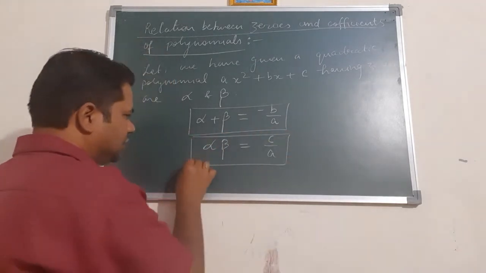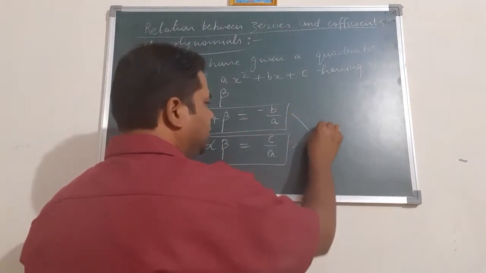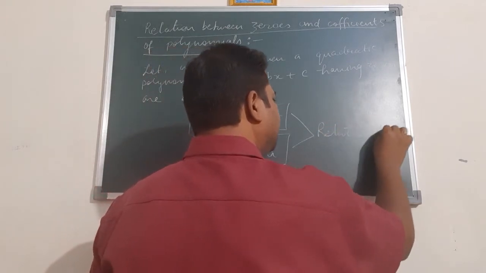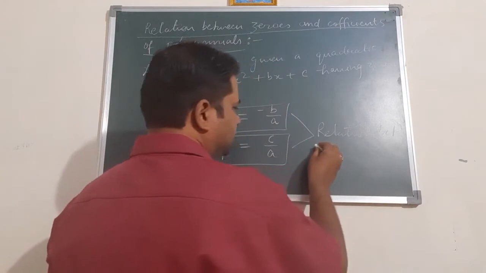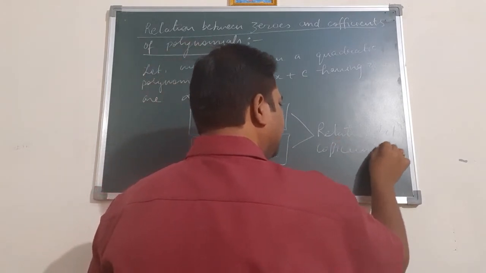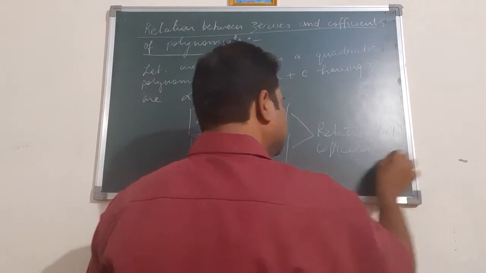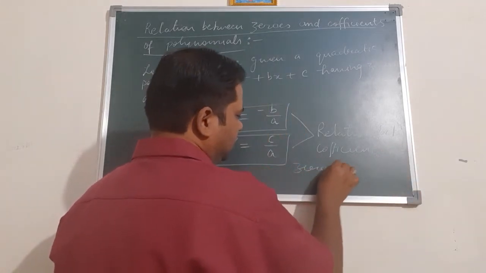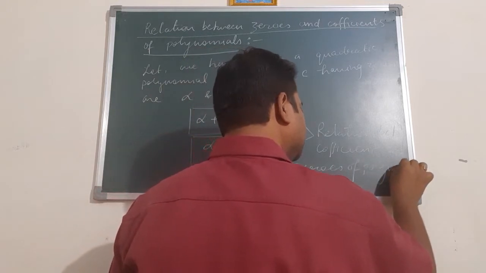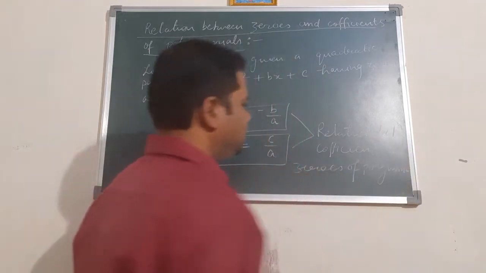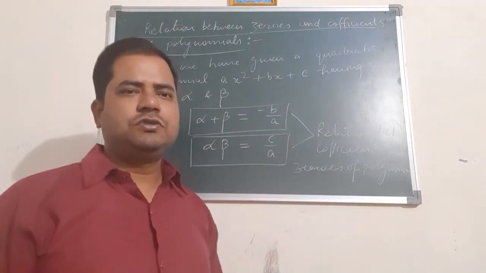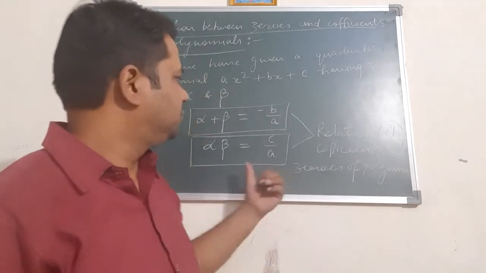So this is the relation between the coefficients and zeros of a polynomial. So please note it down.